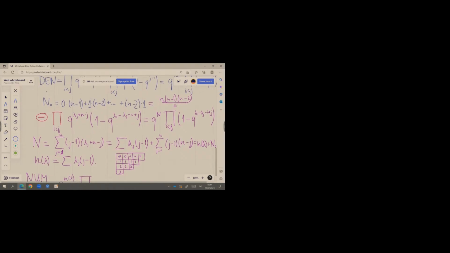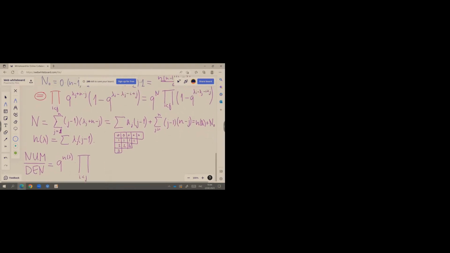In the numerator I had 1 minus q to the power lambda i minus lambda j minus i plus j, divided by 1 minus q to the power just j minus i, right? Because the thing in the denominator is what you get when all the lambdas are 0.